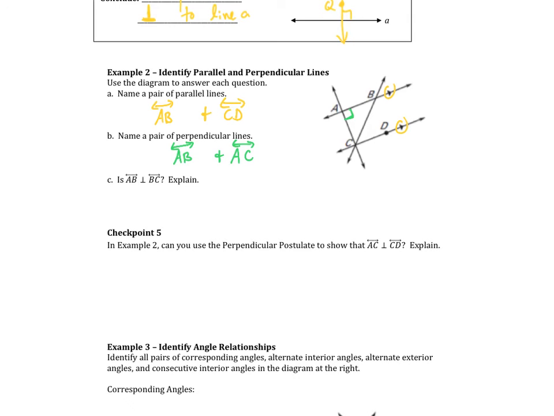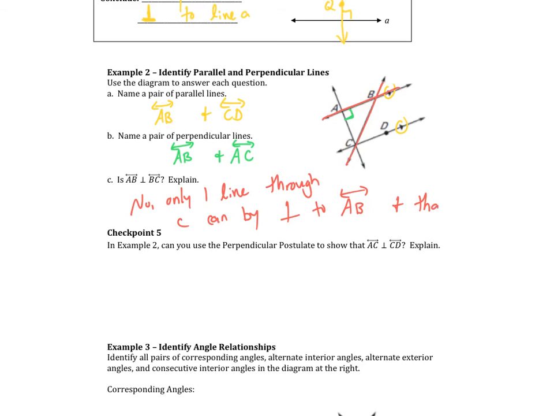Right. Is AB perpendicular to BC? Explain. And the answer is no, because only one line through C can be perpendicular to AB.